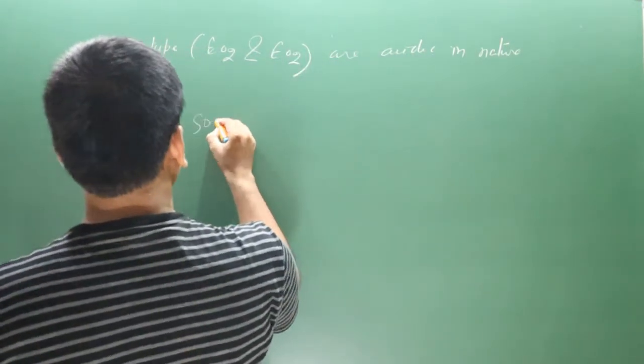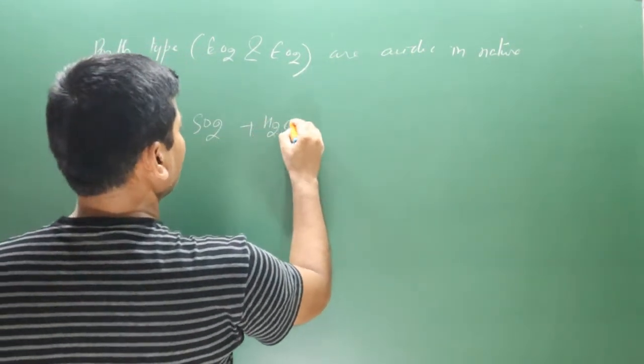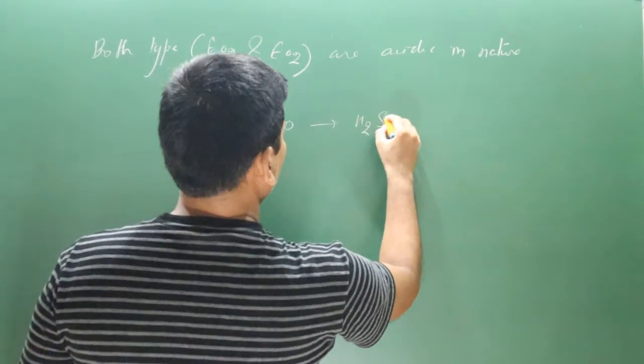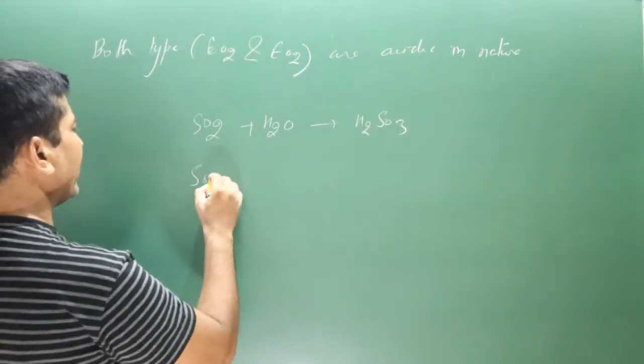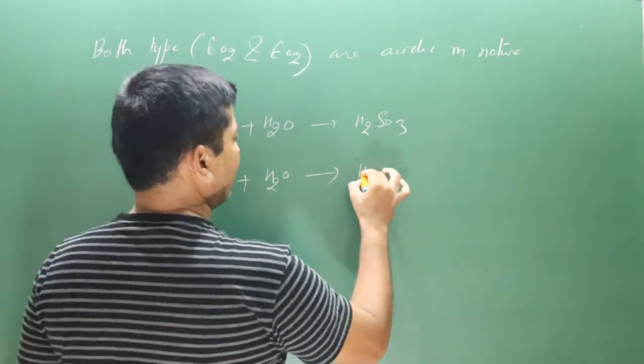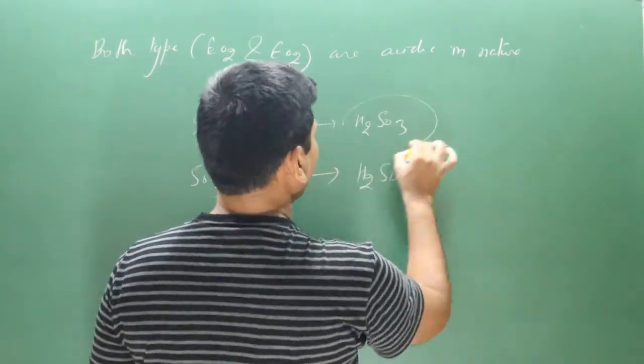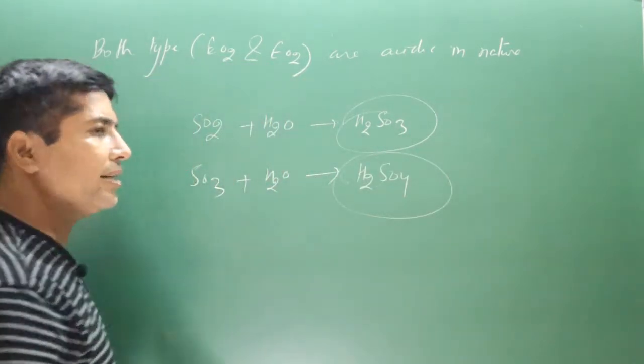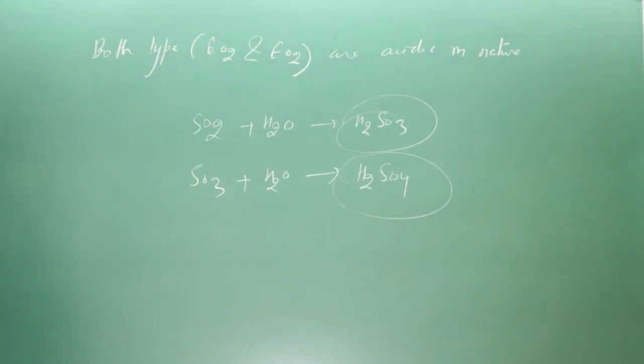For example, SO2 when added to water gives H2SO3. If I take SO3 and add it to water we get H2SO4. Both are acids, that's why they are acidic in nature.